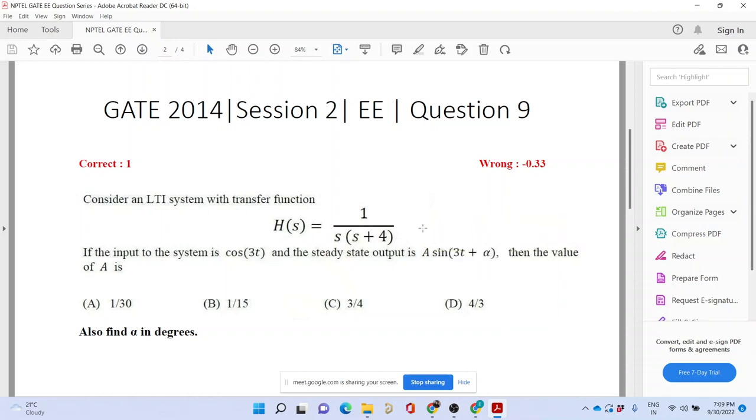Anubhav, have you seen the question carefully? It is sine of 3t plus alpha. So you have 2 more minutes left.